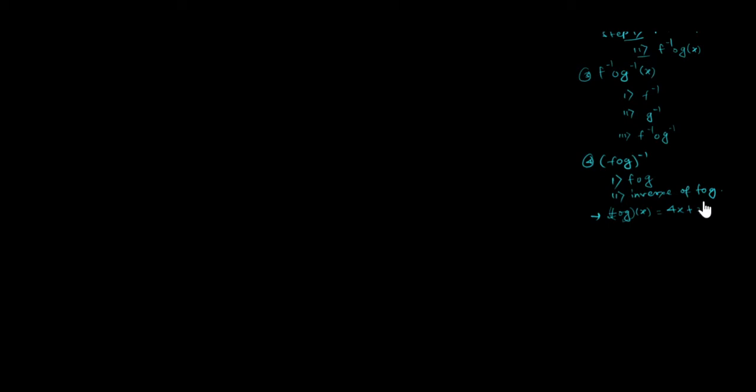So after finding f composite g, you need to find the inverse of f composite g. So let y be equal to f composite g. You need to do this, and then later find the inverse of it. I think you may encounter such questions in your exercise.